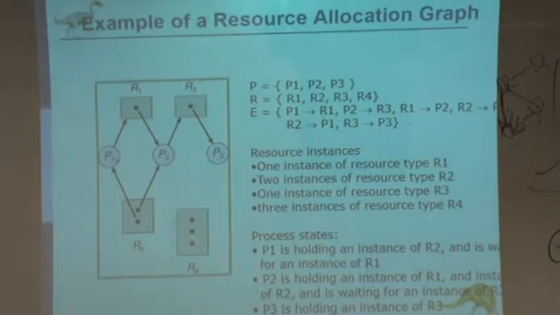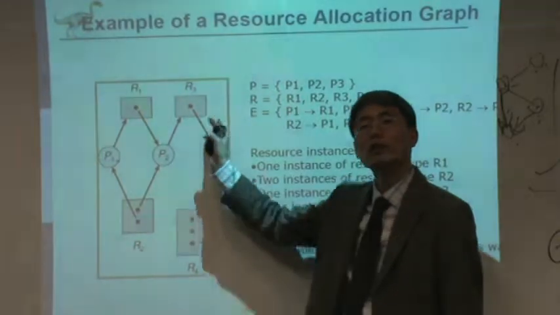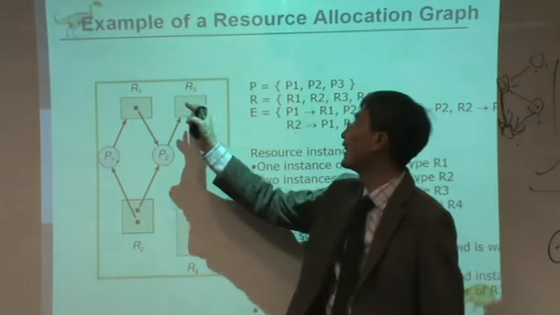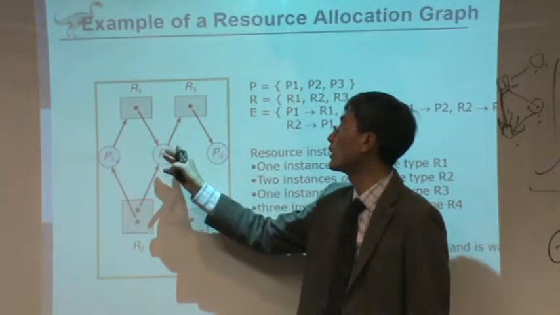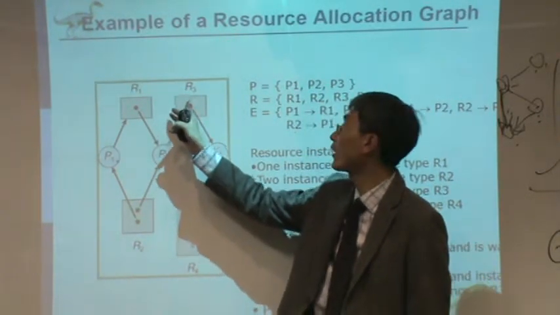So is this circular wait? Let's see. P1 is holding R2 and requesting R1, which is held by P2, and P2 is holding this one. So it looks like a circle. However, there is an open subgraph, which means P3 eventually terminates. Then we release R3. Once R3 is released, P2 acquires this one.